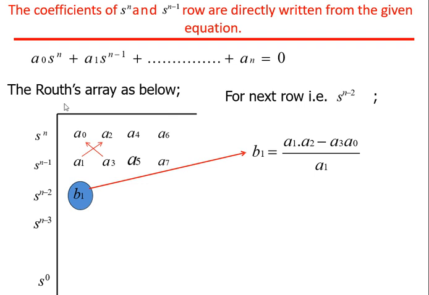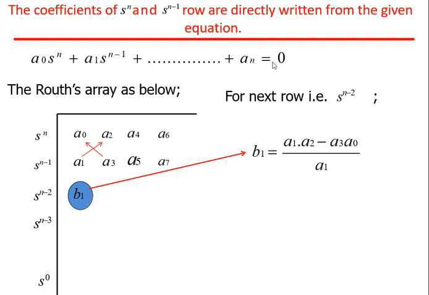See carefully how it is arranged. This is your characteristic equation that we have discussed earlier, that is a0 into s raised to n plus a1 into s raised to n minus 1 up to an is equal to 0. Now the coefficients are a0, a1, a2 up to an.